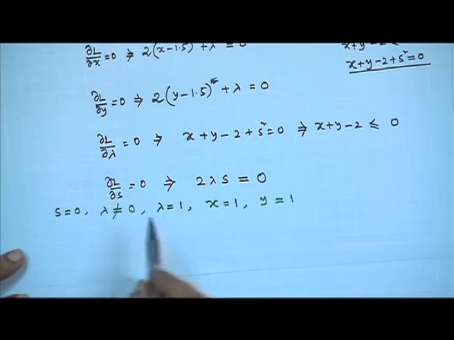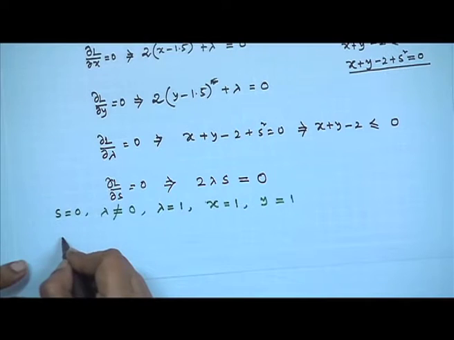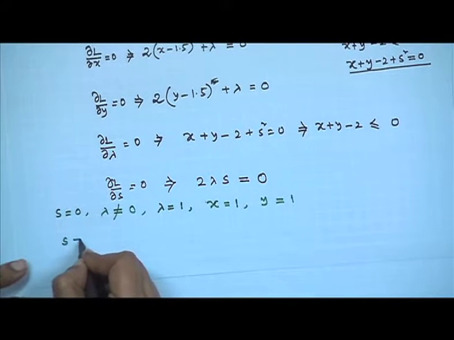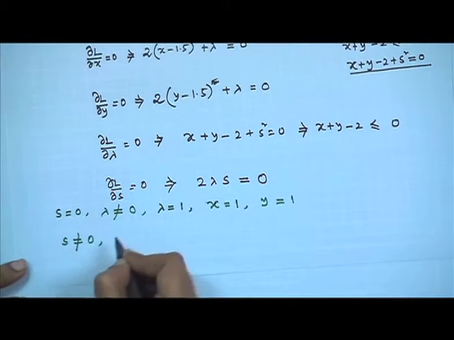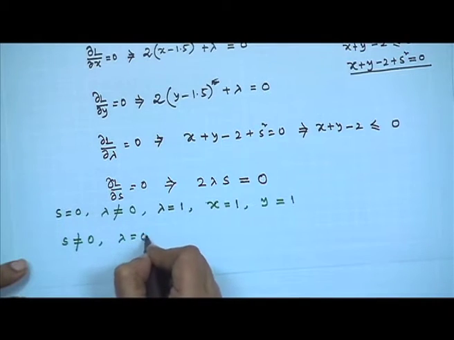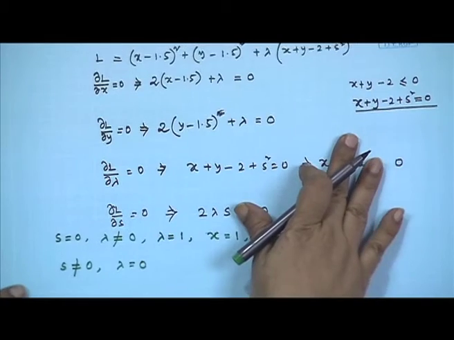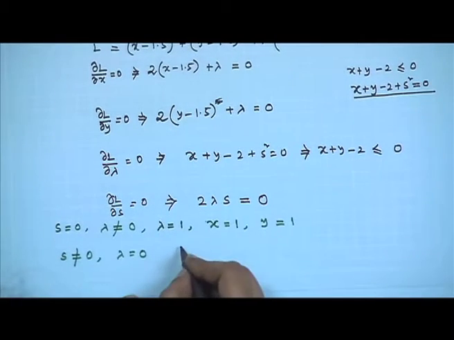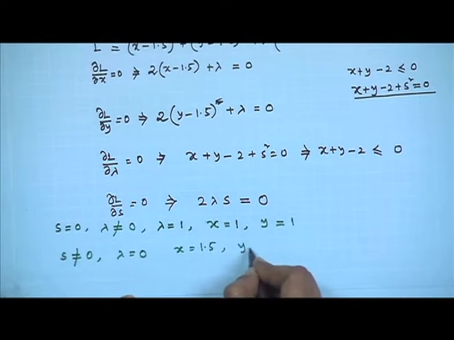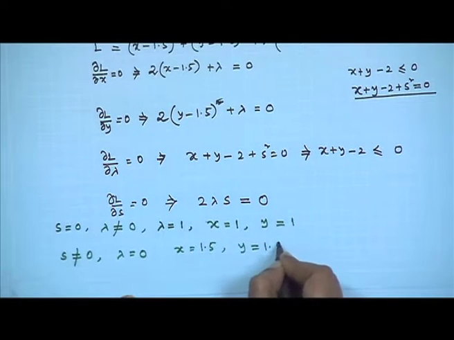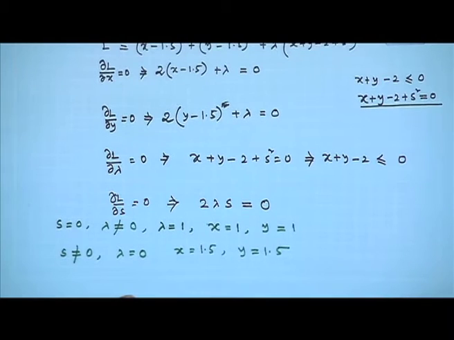Let me consider the other case, that s is not equal to 0, but lambda equal to 0. If we consider lambda equal to 0 in the first equation, then what will we get? We will get x equal to 1.5 and y equal to 1.5. Alright. But you see, what else will we get?